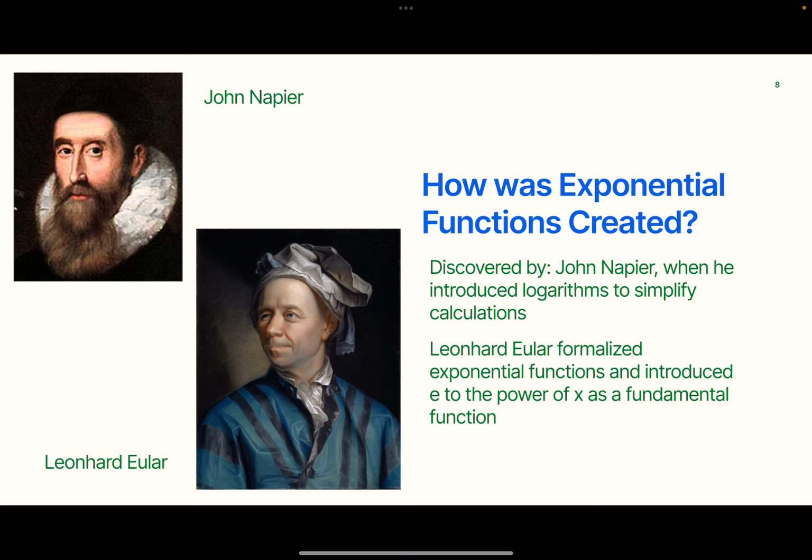And now we'll dive into how exponential functions were created. John Napier, the person on top left, discovered it when he introduced logarithms to simplify calculations, and Leonhard Euler formalized exponential functions and introduced e to the power of x as a fundamental function.